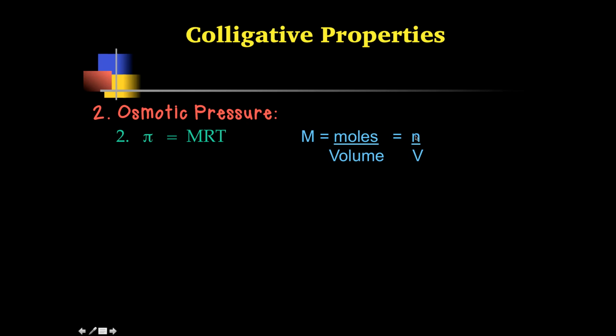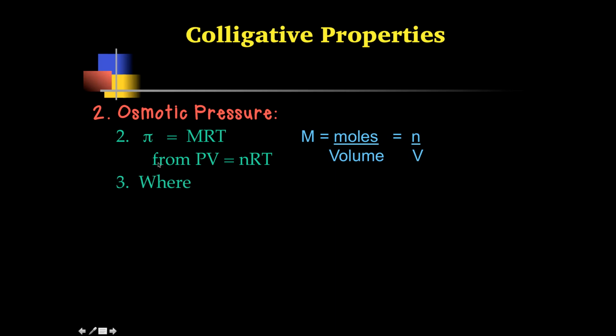So really this is like n over V, R and T, and then we said pi is pressure, P. So maybe you recognize, oh, this is kind of similar to that PV equals nRT, right? Because if we're solving for pressure, which is pi, V would have to divide. Well, if I divide n, which is moles, by V, volume, you get molarity. So that's where that comes from.